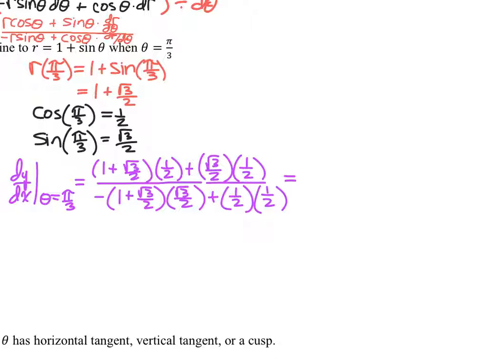So a little distributive property, a little gap here. 1/2 plus root 3 over 4 plus another root 3 over 4 over negative root 3 over 2 minus 3 over 4 plus 1/4. I don't feel like getting common denominators, so I'm just going to multiply everything by 4.